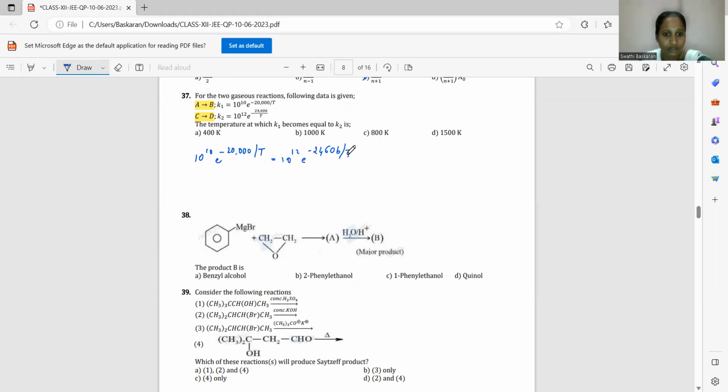Now what will I do? I will be taking this 10 power 10 side so that this value will be down in the denominator.